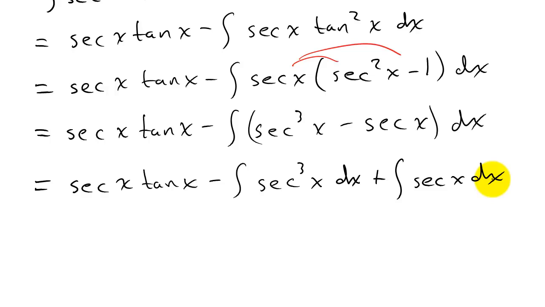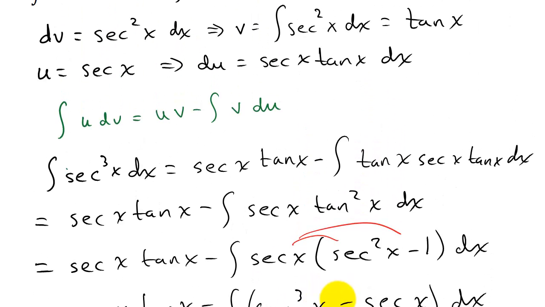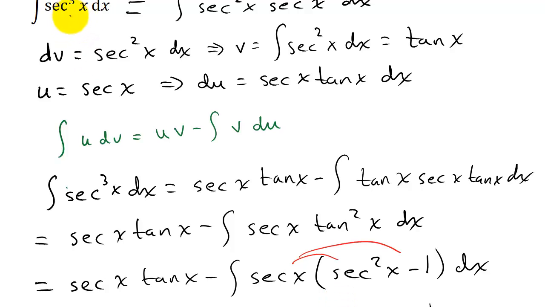Okay. Alright, so what are we going to do here? Not really a whole lot I can do here, and actually you see this secant cubed x. I'm right back to this.